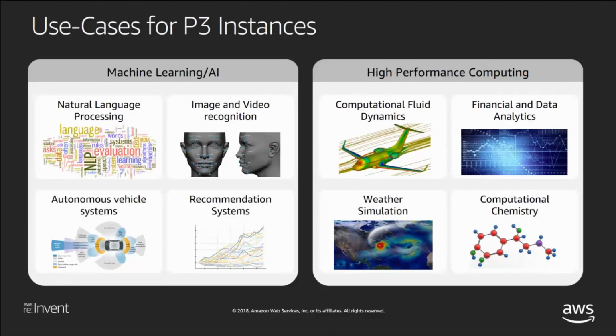You have two matrices that multiply against each other, and each of these GPUs has thousands of cores. In this particular case, the P3 instances have 5,120 cores.